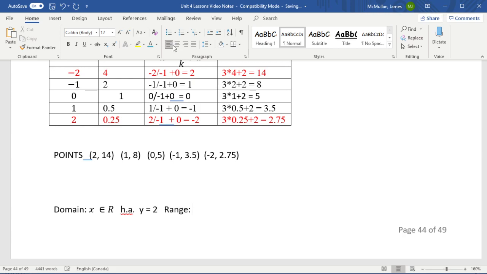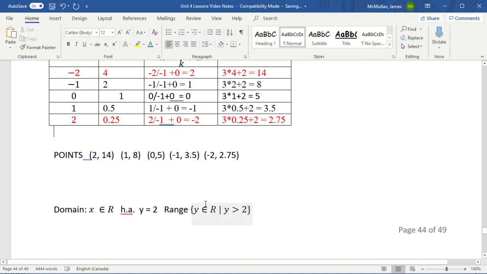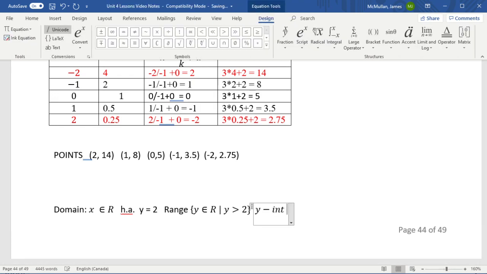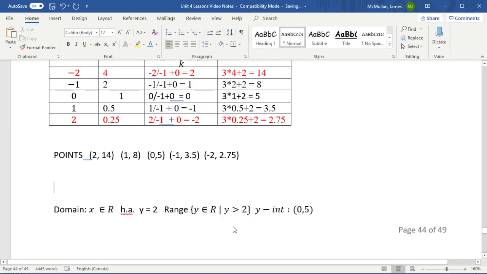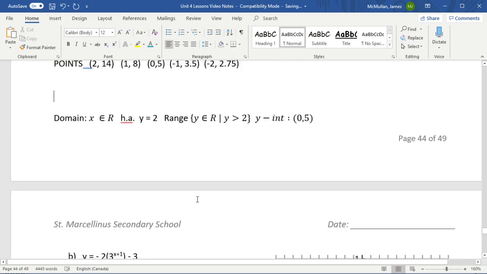The range, okay, now the range is going to be y is any real number, because it's not dots, it's a curve, such that y is bigger than 2, right? So you can't cross the horizontal asymptote in a function like this. So it's any number bigger than 2. The y-intercept was located at (0, 5). Okay, so those are all the things that we needed, I think, what it said there. So domain, range, y-intercept, equation of the asymptote. Okay, so we did all that.